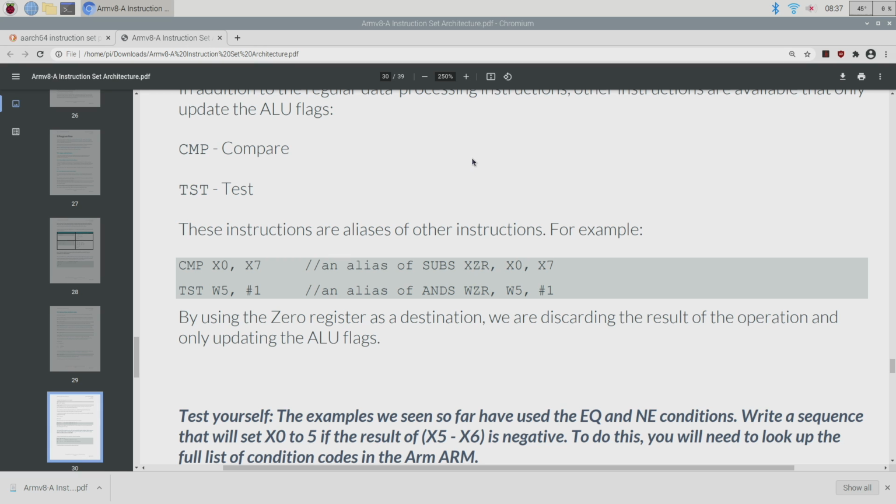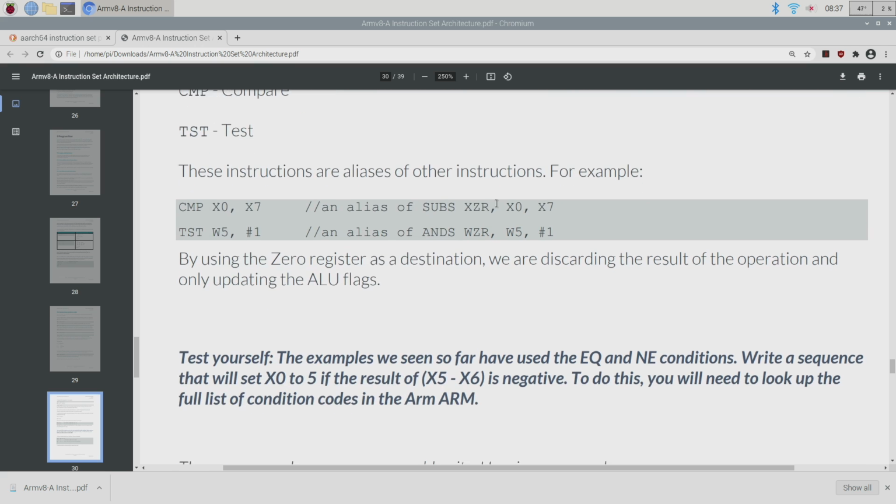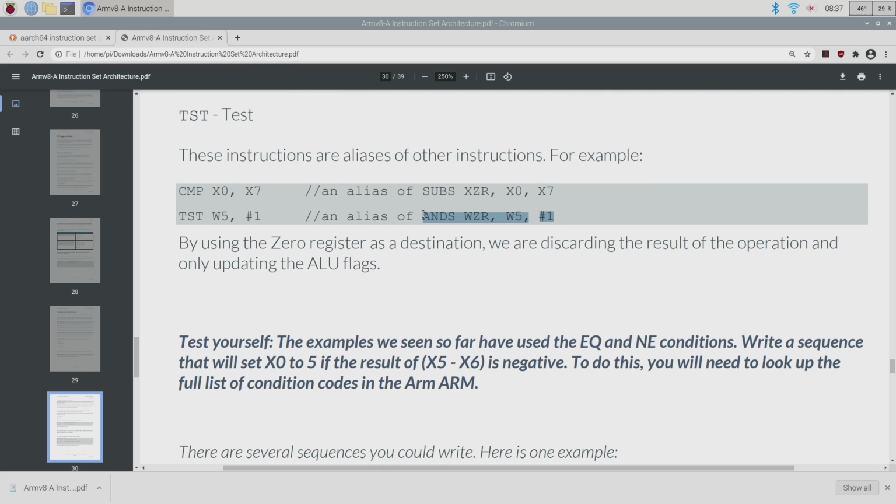Right. But then the other thing I wanted to talk about was the logical instructions. Okay, so we've certainly got arithmetic instructions: add, subtract, multiply. There is also an integer division instruction, and we will use that one later. But you've also got logical and bit manipulation instructions.